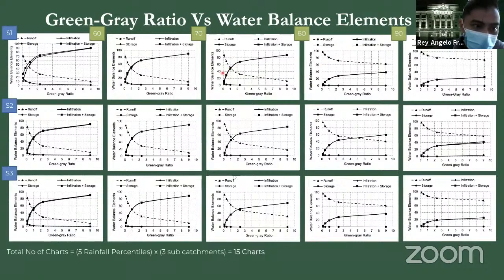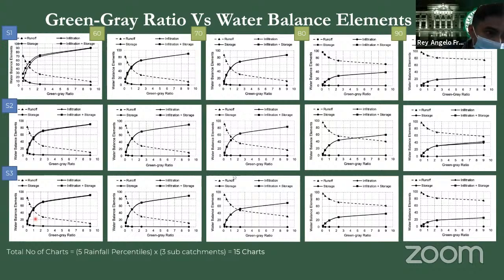At this intersection, there is a significant decrease in the total runoff and an increase in the infiltration plus storage. That is significant at around a 1:1 green-gray ratio.